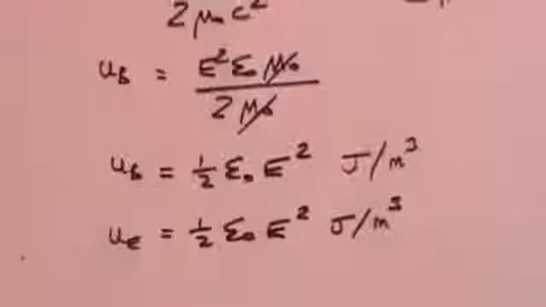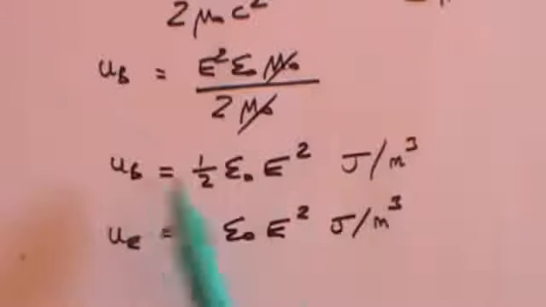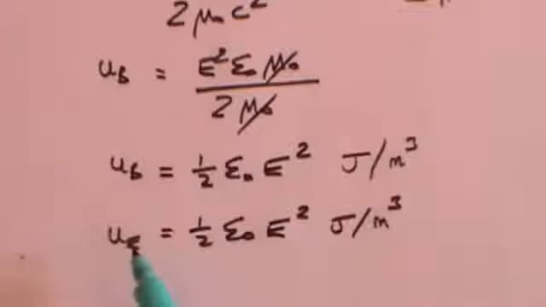So what we've just established is that in an electromagnetic wave, or in electromagnetic radiation, the energy per unit volume in the magnetic field is exactly the same as the energy per unit volume in the electric field.